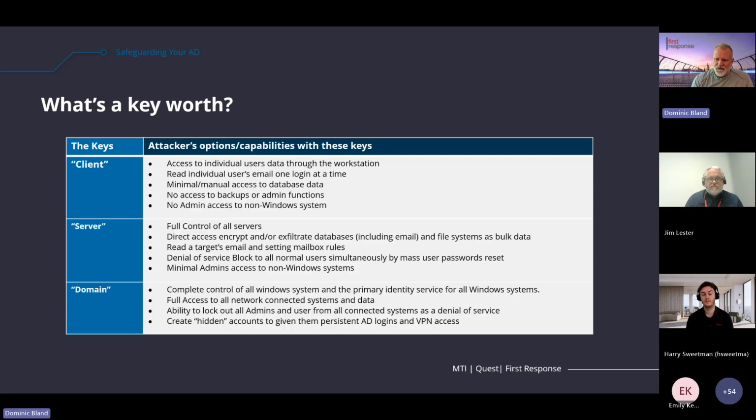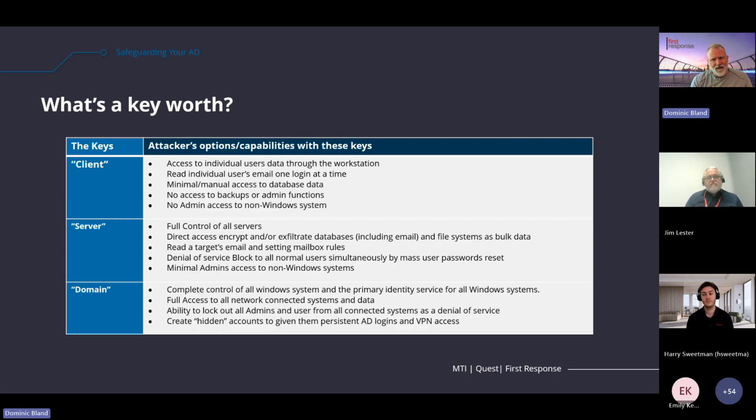They also gain access to the support systems for the network, things like DHCP and in some cases DNS, which allow them to create persistence within the network, to connect and manipulate the way the network functions.